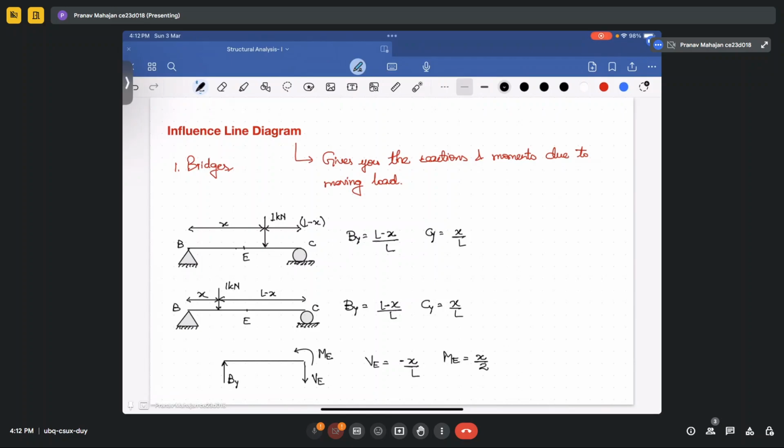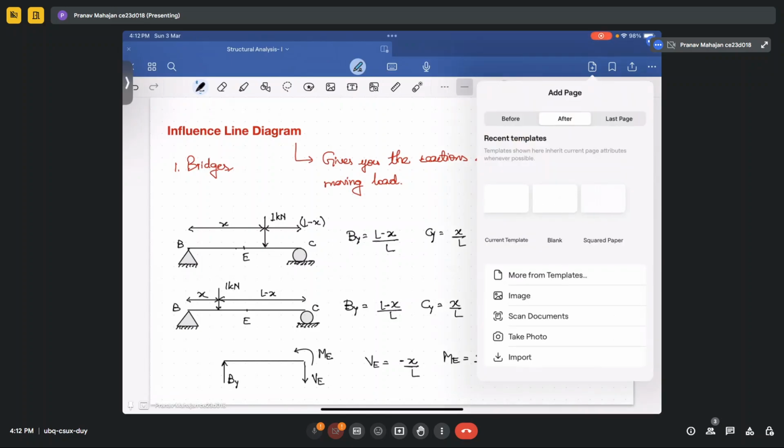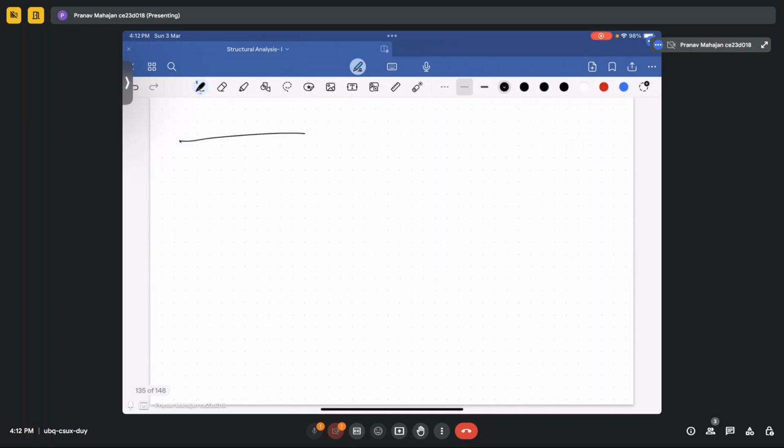Now, if your load is at a different position, let me add another slide. So if your load has a different position, like earlier, if it is between E and C, what will happen to the shear force and bending moment at point E? Okay, so suppose this is your E point, and your load is at this position.